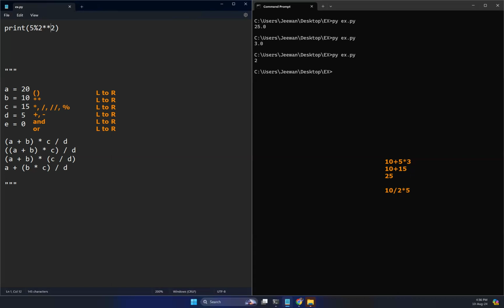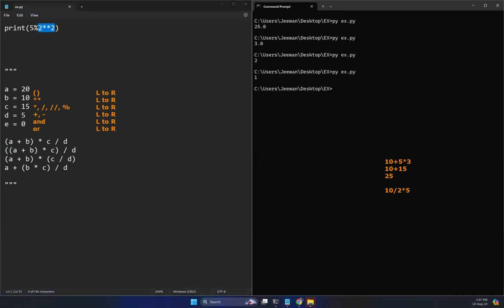Is it 1? It's 1. Can you explain how you get 1? 2 to the power 2 is 4, and 5 modulus 4 is 1. Yes, great. First you go to the exponent. 2 to the power 2 becomes 4, then 5 modulus 4. 5 divided by 4, the remaining value is 1. Therefore, the remainder is 1. Therefore, the answer is 1. Yes, great.